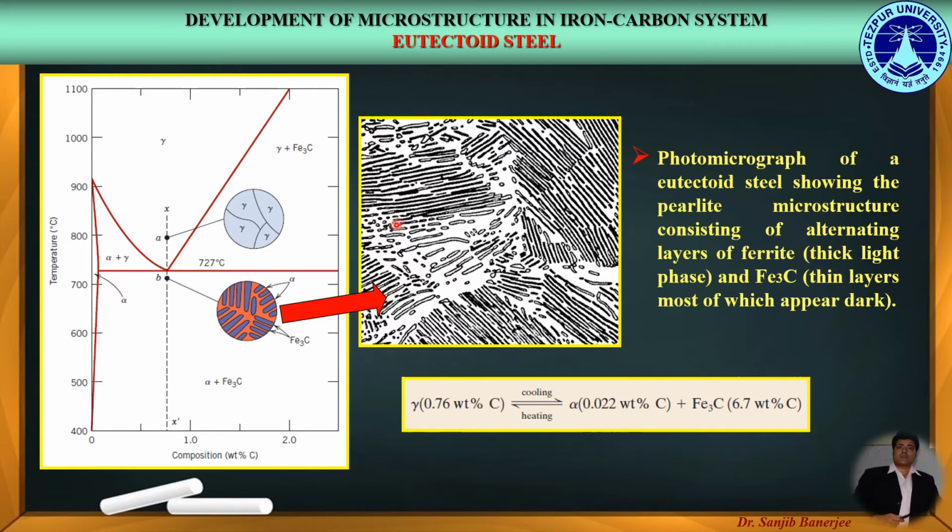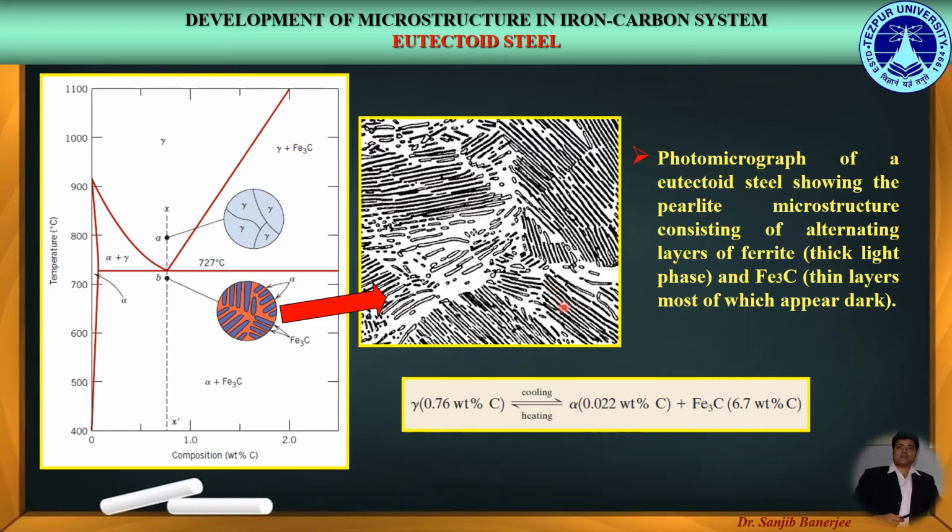The thick light layers are the ferrite phase, and the cementite phase appears as thin lamella, most of which appear dark.